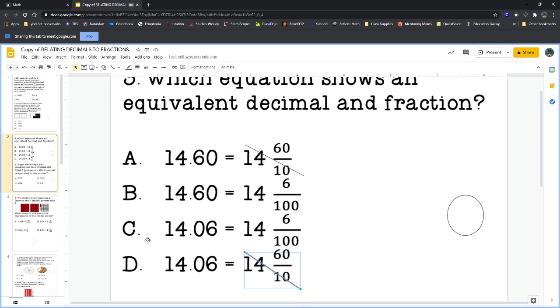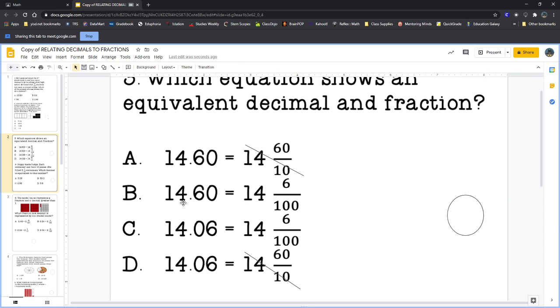There's something else I want you to notice. Anything they put in front of the decimal goes in front of the fraction. So that part is pretty simple to match up. If it's in front of the decimal, it's in front of the fraction.